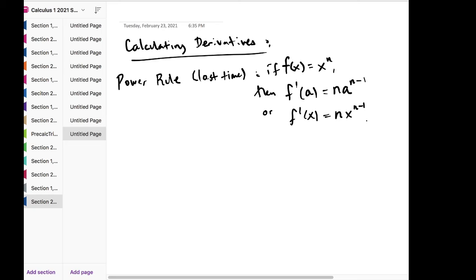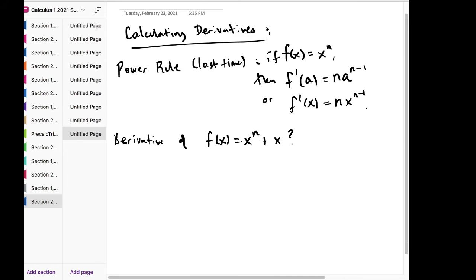So now let's suppose we have this power rule. But what's the derivative of f of x equals x to the n plus x? We don't have a rule that tells us how to find the derivative of a sum of two things, not yet at least.